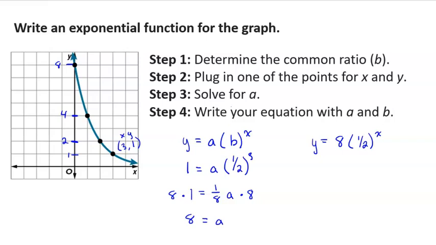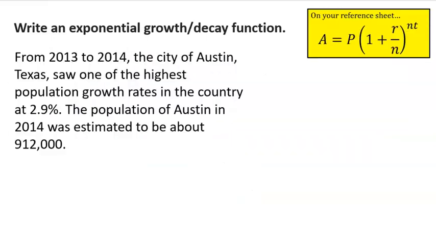And that's it. In another video, I talked about writing exponential growth and decay functions and how we can use our reference sheet, and I covered that in our simple and compound interest video, but I'm also going to cover it here. So for writing exponential growth and decay functions, we can basically use what's on our reference sheet, just minus the n value.